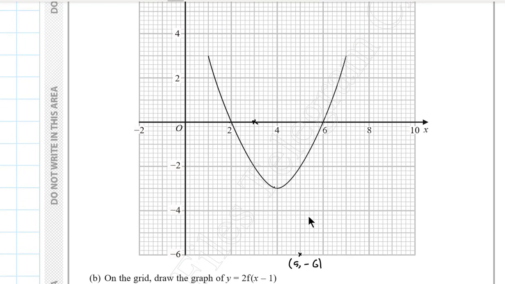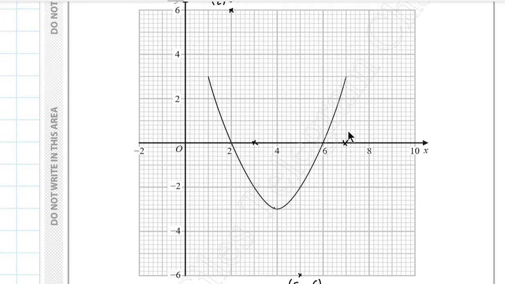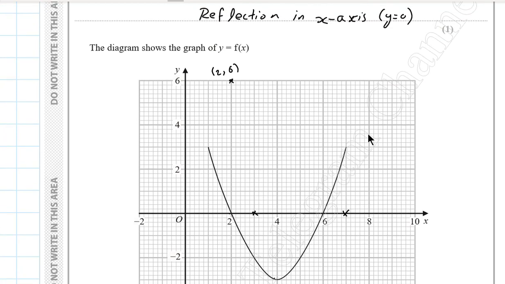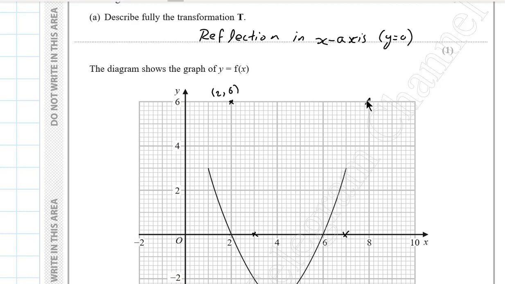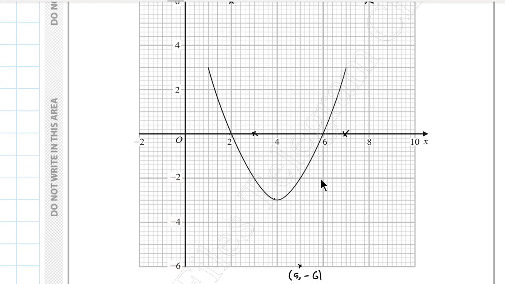Okay, and for this point it will be 7 and 0, and finally this point will be 8 and also 6. 8 and 6. If we join these points, we will answer the question.